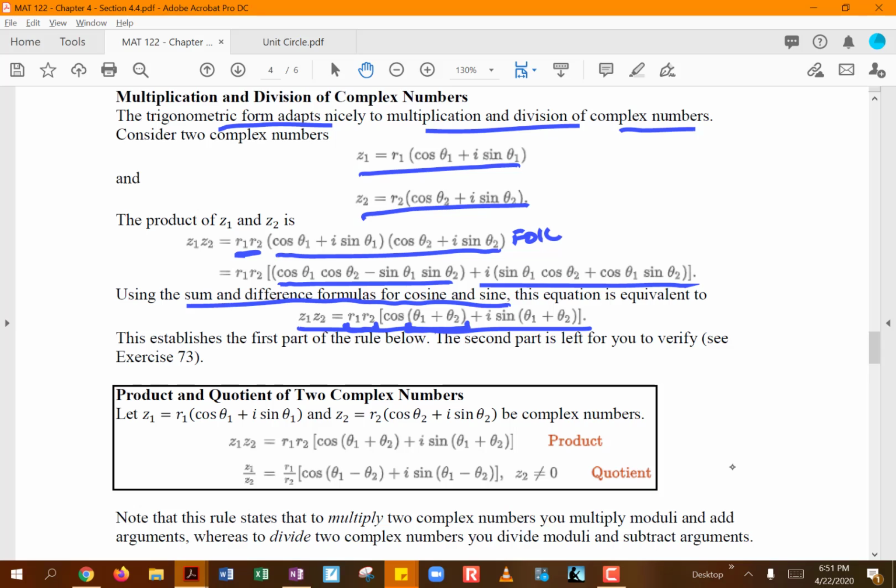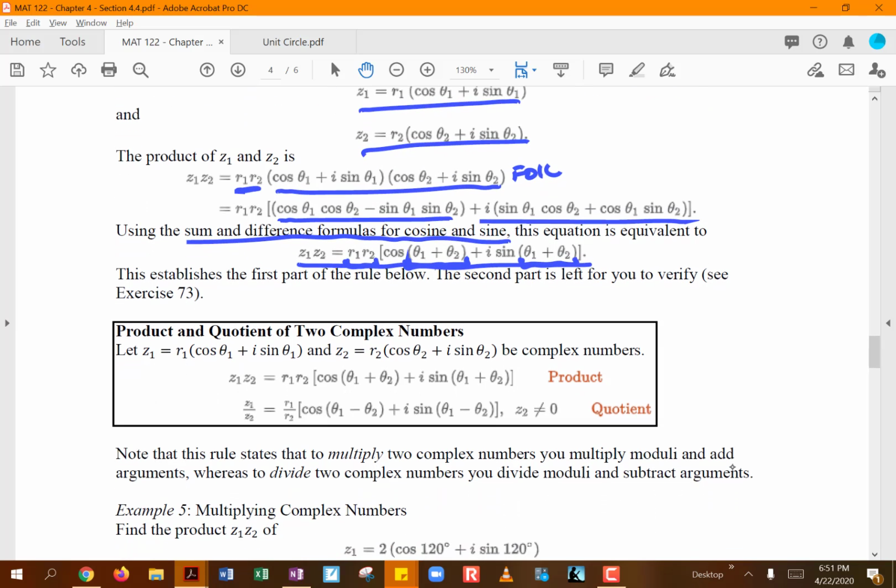So that's theta 1 plus theta 2 coming from the two different complex numbers, and then same thing for i sine, theta 1 plus theta 2, you again end up adding. Now you can verify this same rule for the division, and exercise 73 in your textbook asks you to verify that the division will also work in the same way.